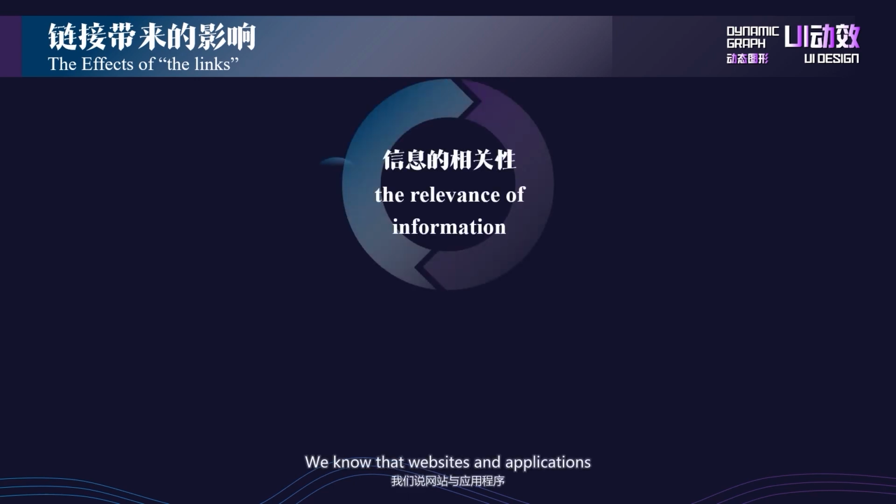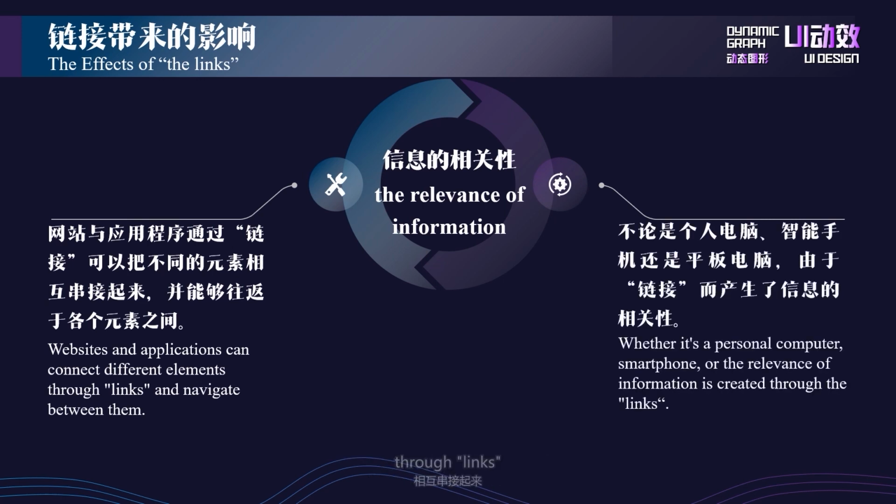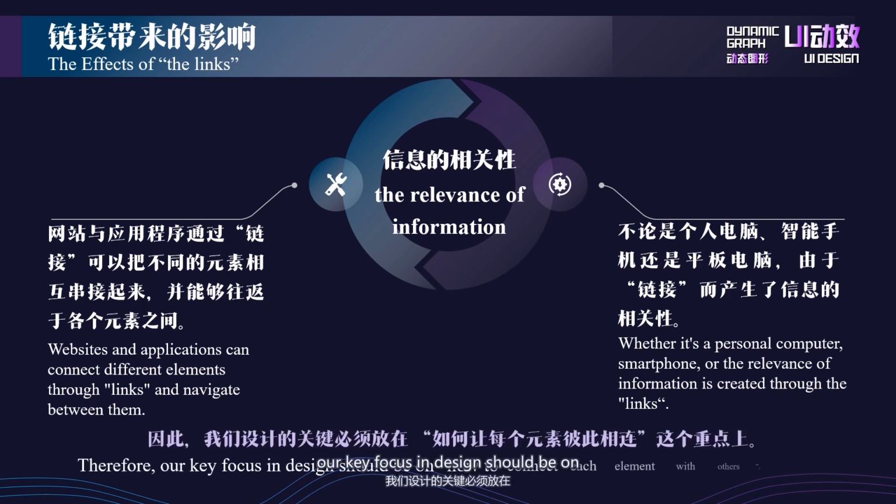We know that websites and applications can connect different elements through links and navigate between them. Whether it's a personal computer, smartphone, or tablet, the relevance of information is created through the links. Therefore, our key focus in design should be on how to connect each element with others.